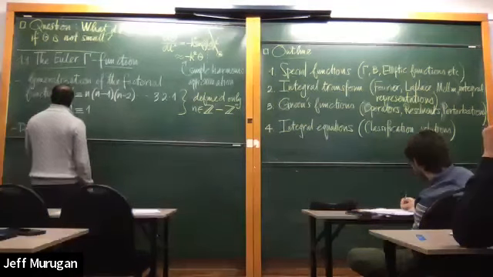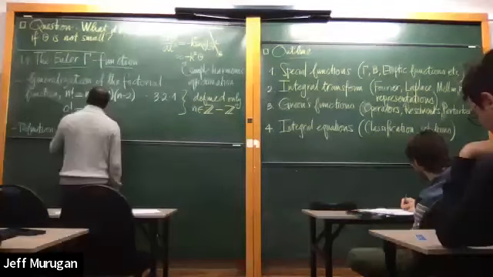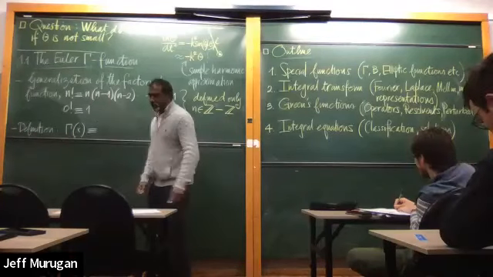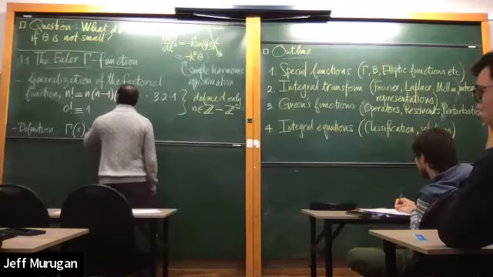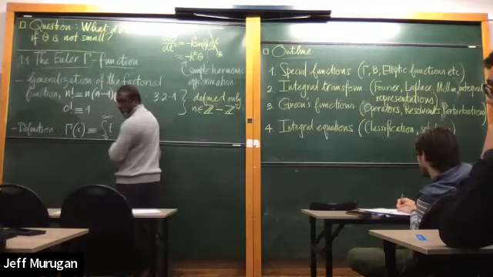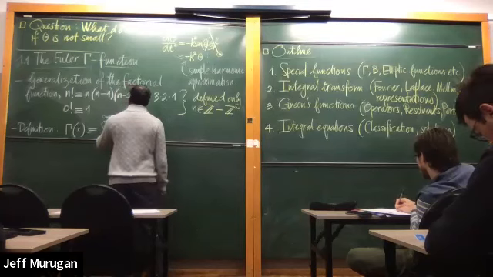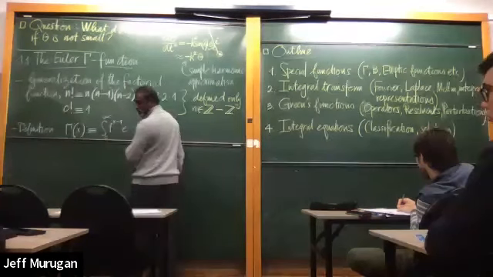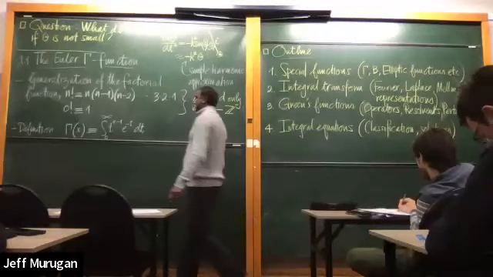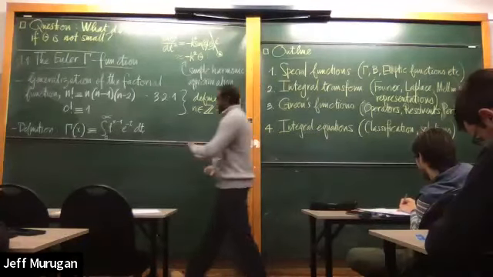you would have seen something like gamma of x defined to be the integral from 0 to infinity of t to the x minus 1 e to the minus t dt. Okay.